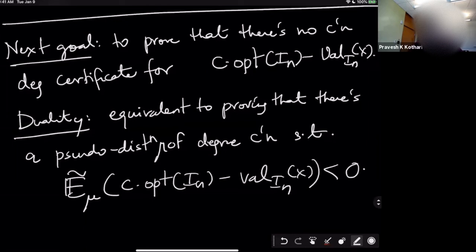So if there is no degree C prime n certificate, then there must be a pseudo distribution that makes this polynomial of yours negative.